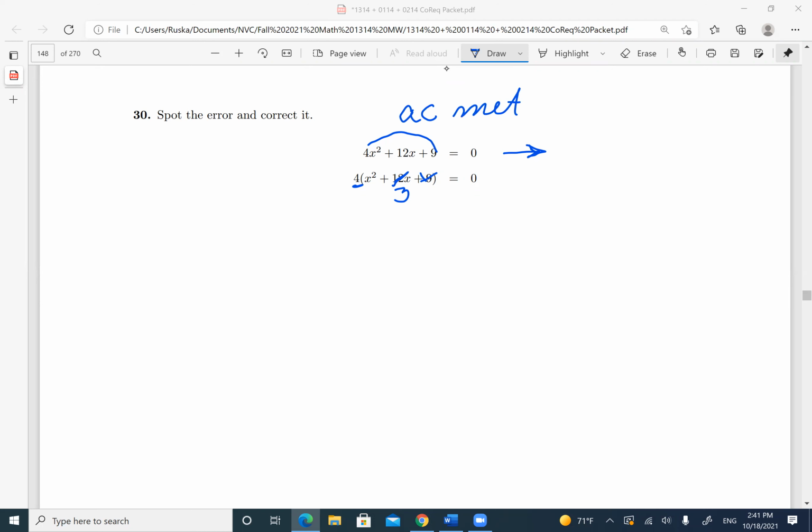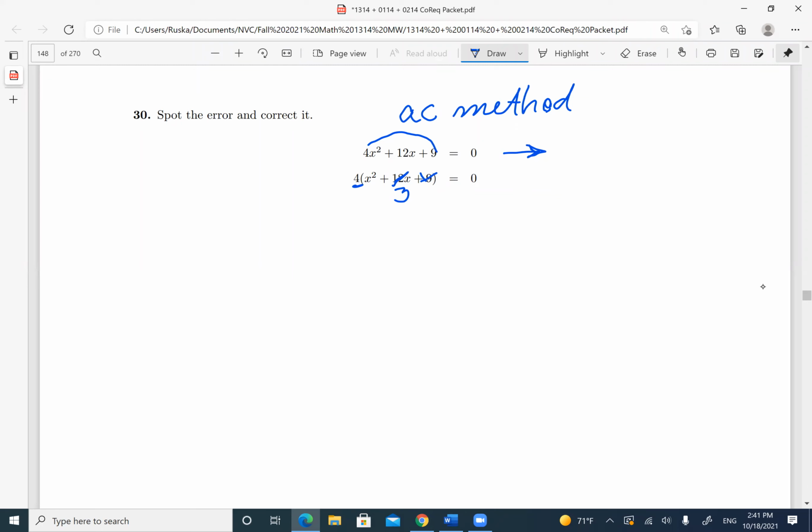Multiply them. That's right. You're going to multiply 4 and 9. Good job. And that's the AC method. Everybody remember the AC method? You can use the shortcut or you can use AC by grouping.